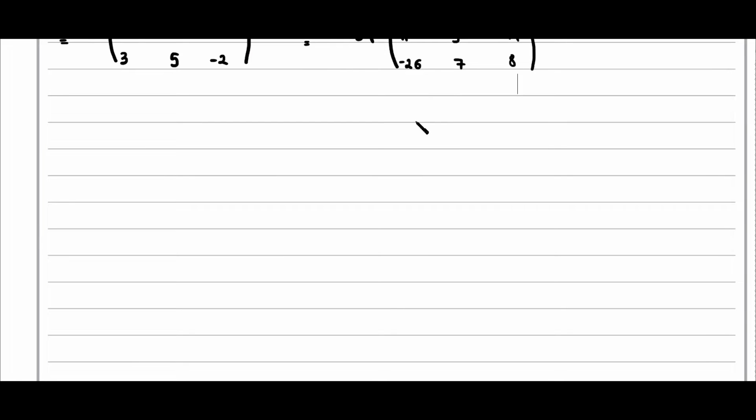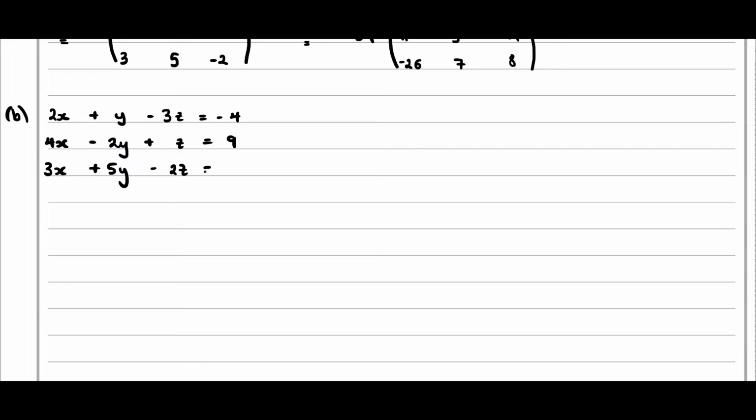So, for part B, for the simultaneous equations 2x plus y minus 3z equals minus 4, 4x minus 2y plus z equals 9, and 3x plus 5y minus 2z equals 5, we can put this in matrix form.